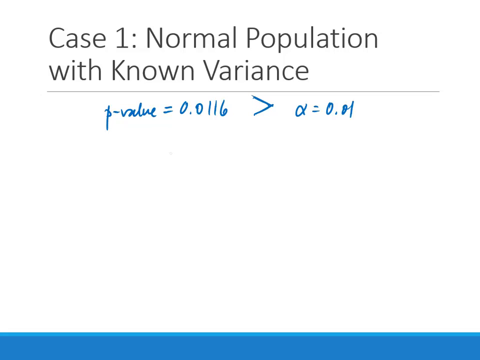So therefore, what is our conclusion? P-value is bigger than alpha, we're going to do what? Fail to reject, absolutely. So we're going to fail to reject the null hypothesis.